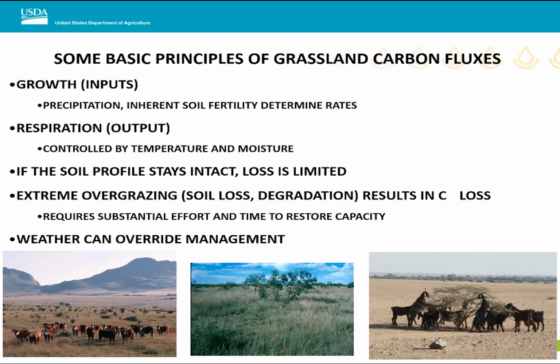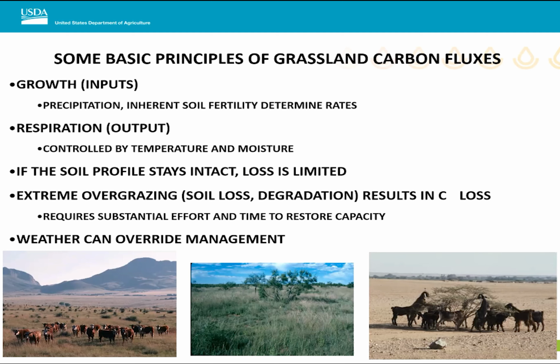That's controlled by temperature and moisture. If it's hot and moist, you're going to lose a lot because those microorganisms digest that carbon via the process of respiration and lose it to the atmosphere. As long as there's moisture and temperature for growth, you're going to have those bugs consuming that material and releasing it to the atmosphere.